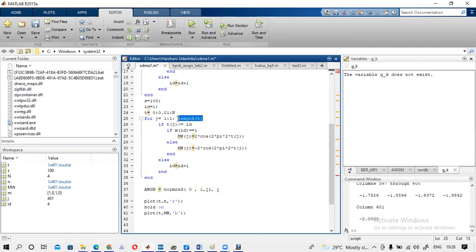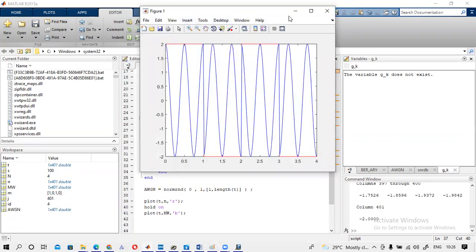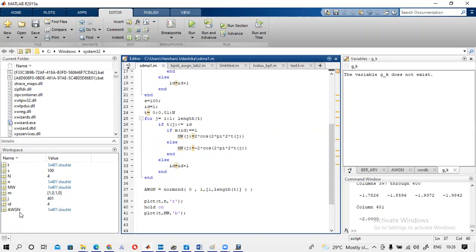I hope you can understand what I'm doing here, because now I am going to generate some random numbers. So if I run this, here you have AWGN.